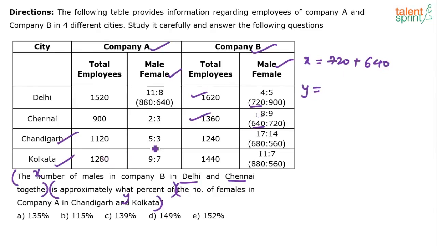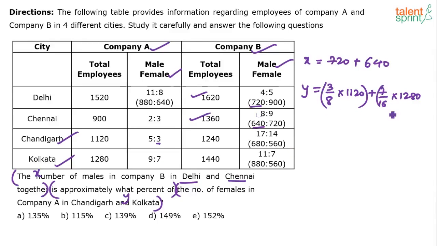What is Y? Females in Chandigarh and Kolkata. Now this we'll have to calculate because we have not calculated it in the earlier questions. These values are available, but for females in Chandigarh and Kolkata from company A, we need to do the calculation. Females in Chandigarh: the fraction of females is 3 out of 8, so 3 out of 8 times 1120. And the fraction of females in Kolkata is 7 out of 16, so 7 out of 16 times 1280.